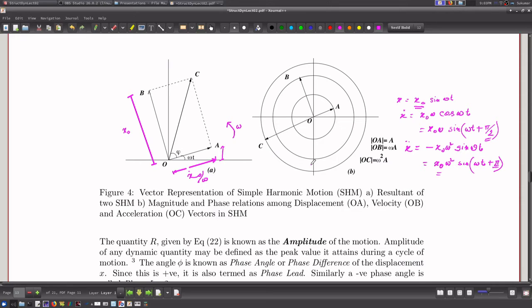So like this, we can represent harmonic quantities in terms of rotating vectors, okay? And this type of diagram is called a phase plane diagram.